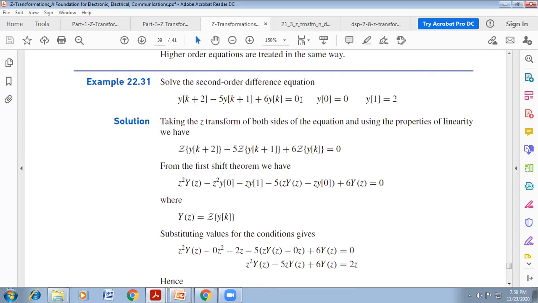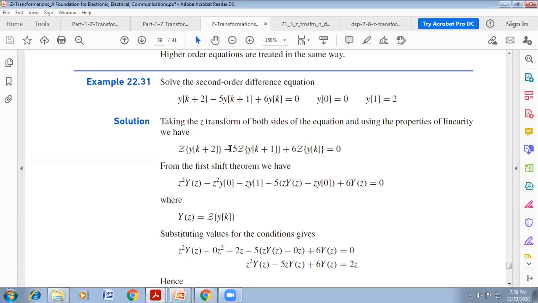Z transform of 0 will be 0. Now from the first shift theorem, by using the shifting theorem from our previous lecture, for k plus 2 this is z squared Y(z) minus z squared y0 minus z y1. Understand?